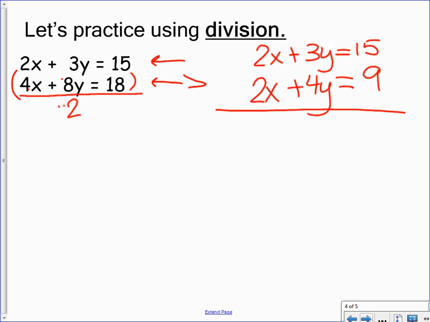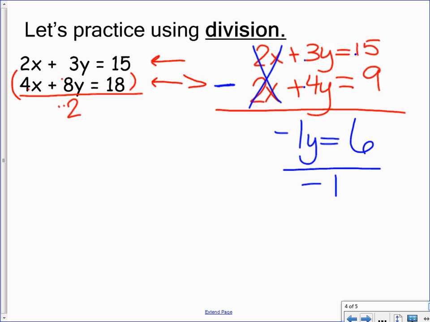So now my coefficients are the same. So I'm going to subtract. 2 minus 2 is 0. 3 minus 4, negative 1, y equals 15 minus 9 equals 6. Divide by negative 1, y equals negative 6.